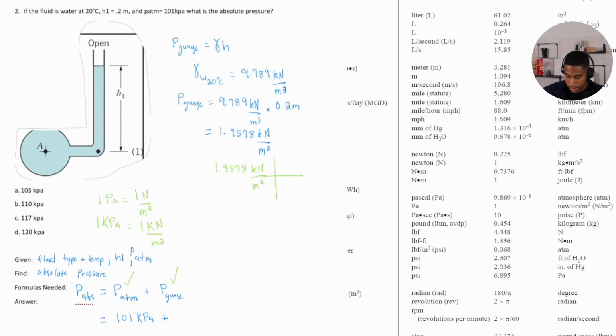I just multiplied both sides by 1,000. And so now I know that 1 kilonewton per meter squared is equal to 1 kPa. So now my units cancel and I'm left with 1.9578 kPa.